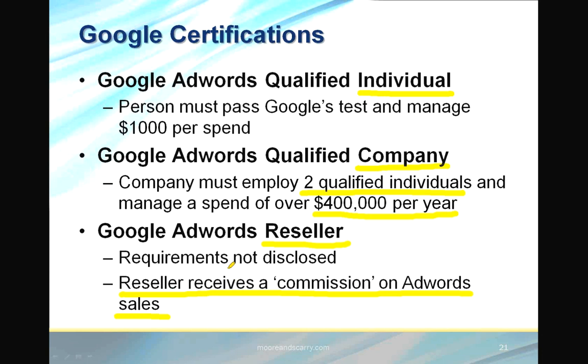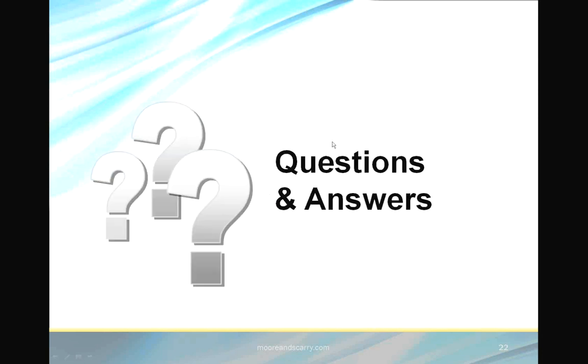And so if you have a reseller, you can be pretty confident that you're doing business with a reputable company. Although a lot of our clients ask if their expectation can be to receive the reseller's commission back, and I've never heard of anyone doing it. But these are the different certifications that you'll see when people come to you and talk to you about your search engine marketing.